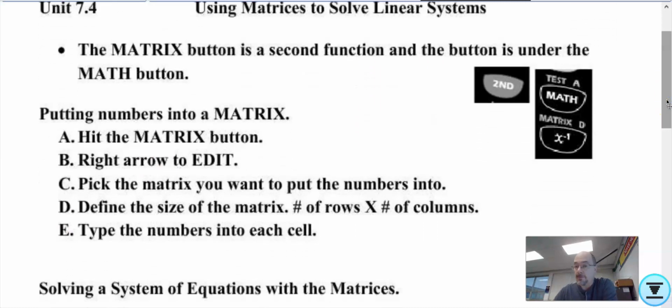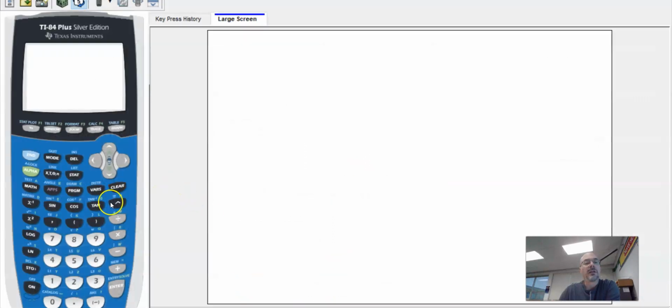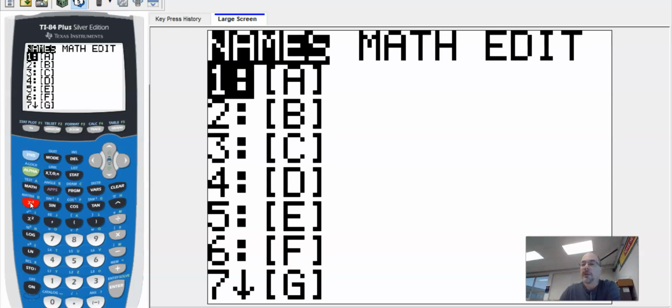All right, so the matrix button. It is a second function, and the button is under the math button. If you're using the newer calculator, it's right underneath the math button. You've got to hit the second button and then the matrix button.